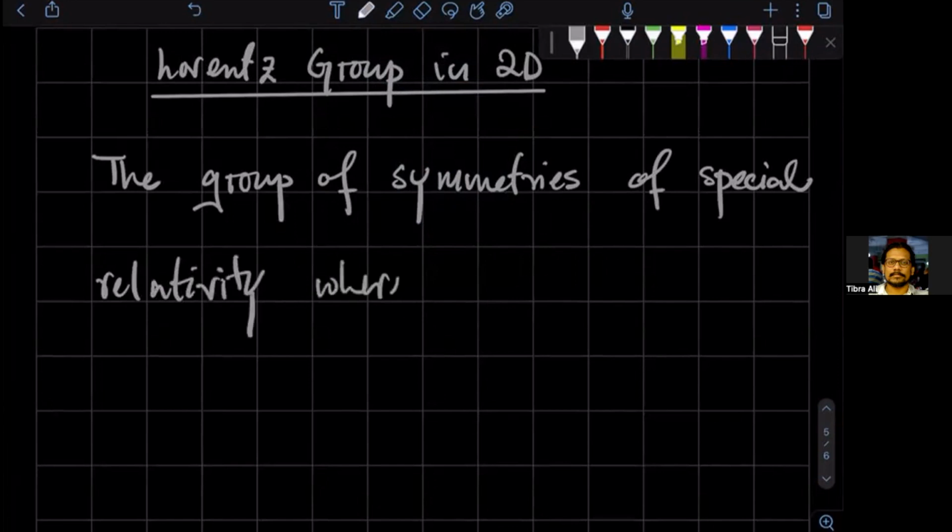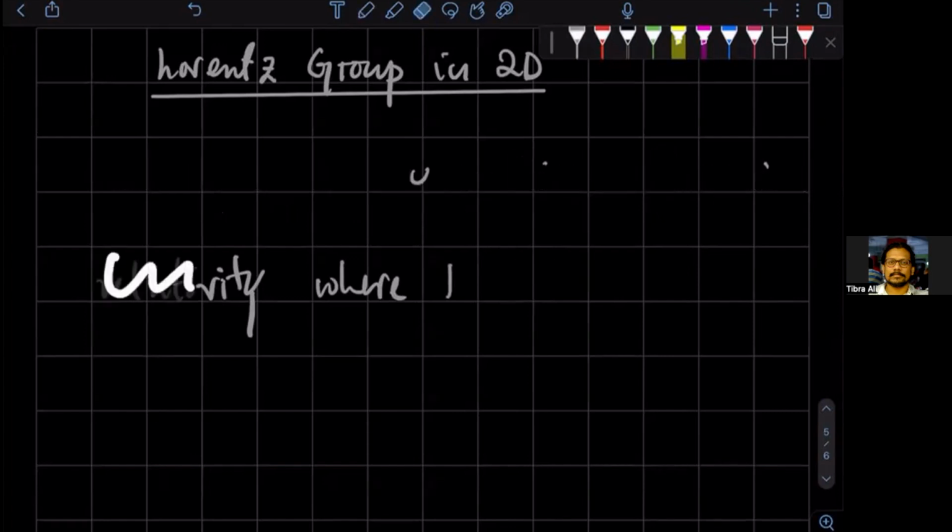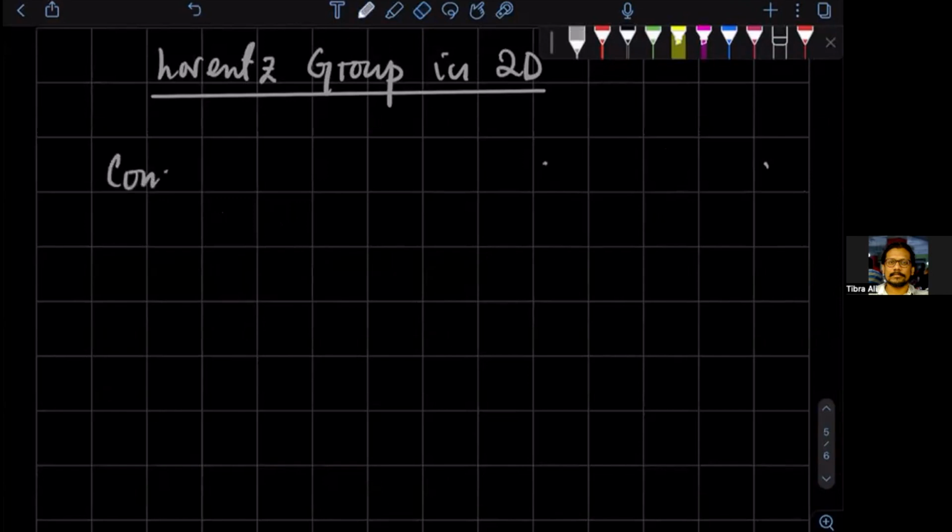Let's just do it like this. And consider special relativity.